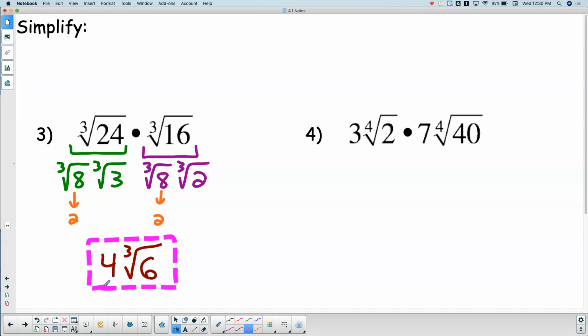This one, I would take first my outies, multiply them together. My innies, multiply them together.